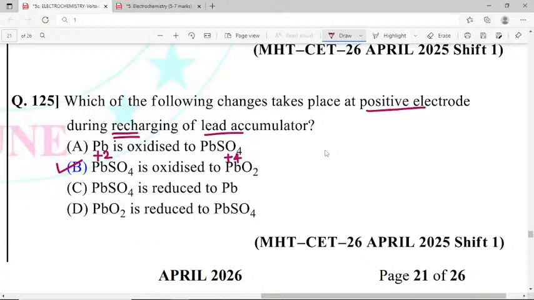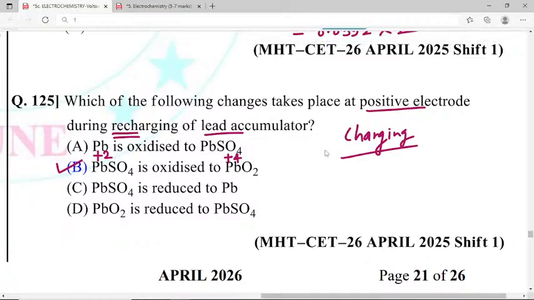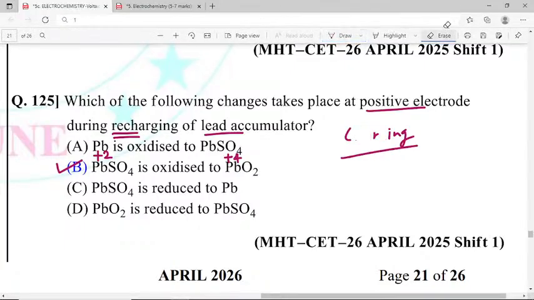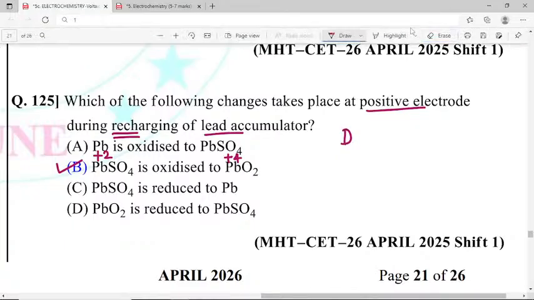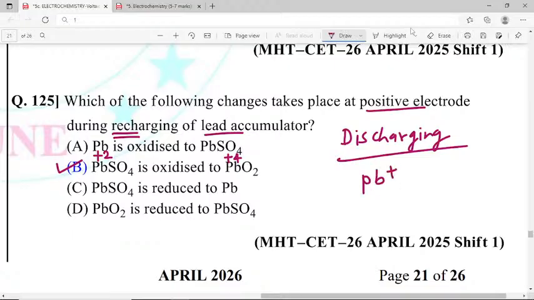Because चार्जिंग मध्ये काय होतं पहा, रिचार्जिंग म्हणजे चार्जिंग, रिचार्जिंग. लक्षात ठेवा. आणि ज्यावेळेस डिस्चार्ज करता तुम्ही, डिस्चार्जिंगनी Pb प्लस 4 टू Pb प्लस 2 होतं. लक्षात ठेवा. थोडक्यात रिडक्शन होतं इथे. दिस इज रिडक्शन. आणि हिअर ऑक्सिडेशन. दिस इज ऑक्सिडेशन.